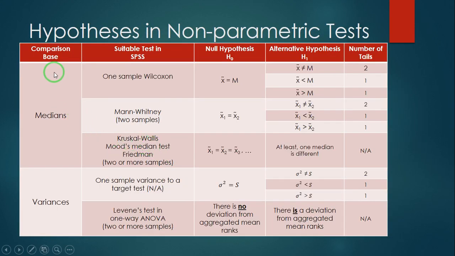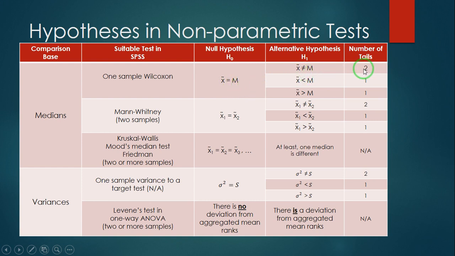If the comparison base is median and you have just one sample, and your goal is to compare the median of that sample to a specified amount, in SPSS you can use the one sample Wilcoxon test, and the null hypothesis there is X tilde equals m, in which m is a specified amount for the median.